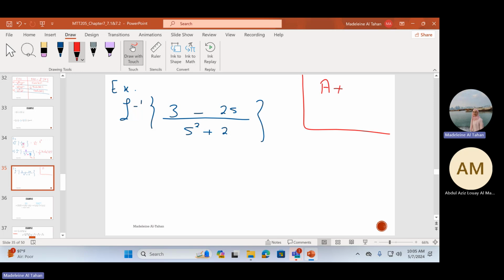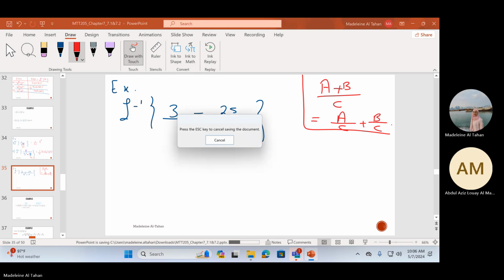If we have A plus B over C, this one is equal to what? We started this one. Do it. During this time, I will take attendance.